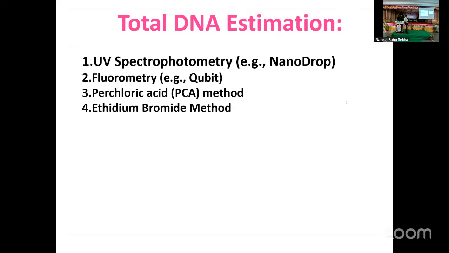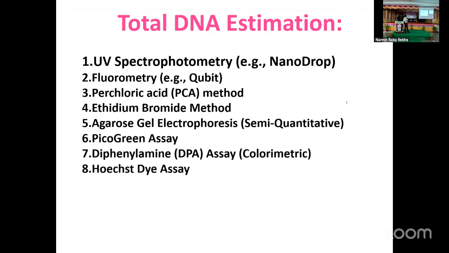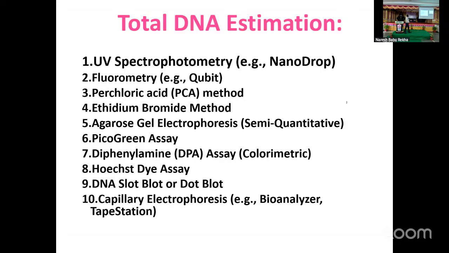Then you may be seeing agarose gel electrophoresis, picogreen assay, the diphenylamine method and others. So these are the methods available for total DNA estimation from whatever sample we have taken, right?